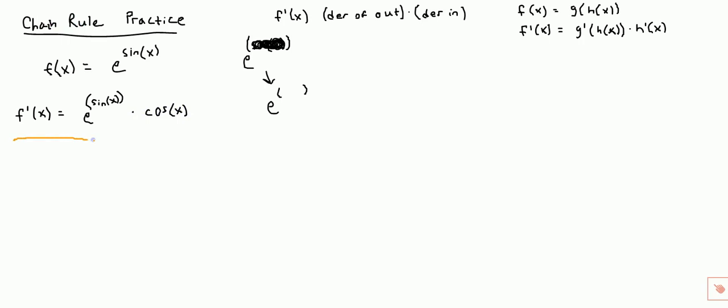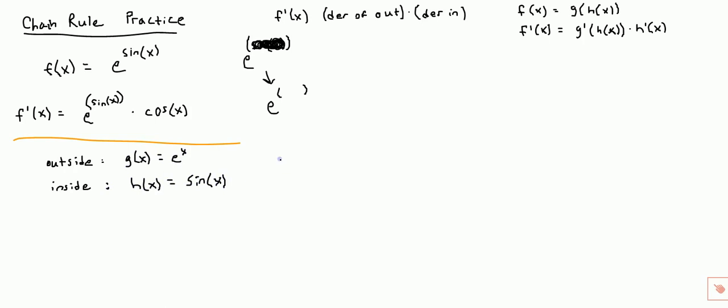Now let's go through and use the long method. So outside and inside. The outside function is g of x equals e to the x. And the inside function is h of x equals sine of x. Okay, so f of x equals g of h of x.